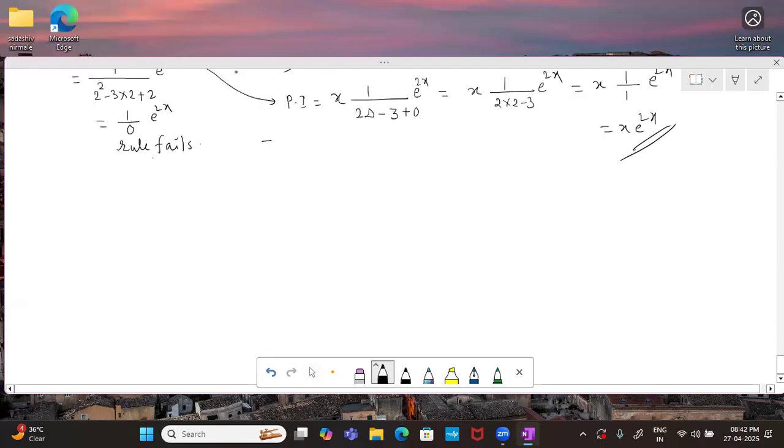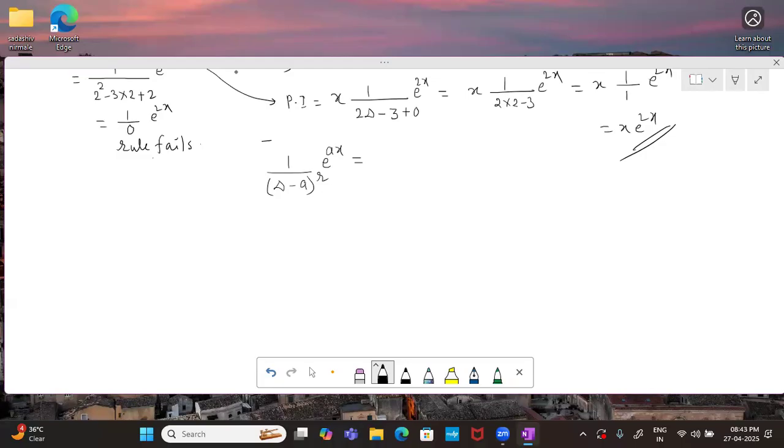Again see, suppose a particular case of this PI also, one of the type in the PI, of exponential function, 1 upon D minus a raised to r operating on e raised to x. Special case.